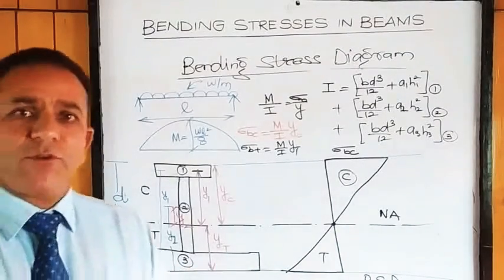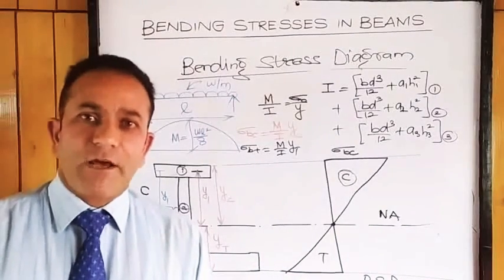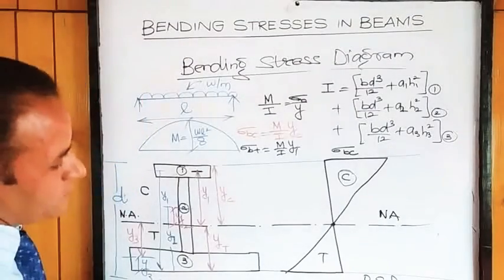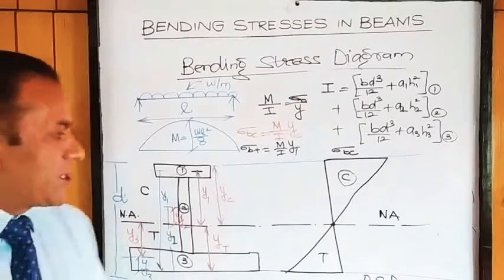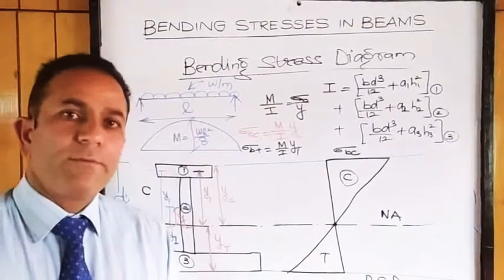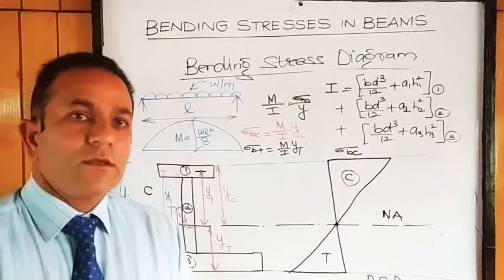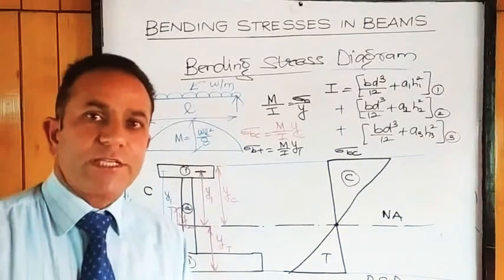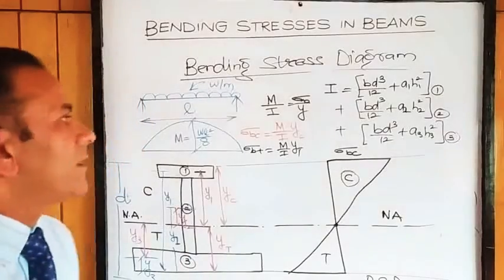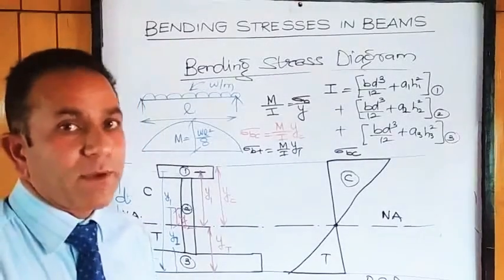So if we sum up, we find that bending stresses are developed because of the bending moment in the section. The member will offer resistance to this bending moment, and that will be the bending stress developed in the member.